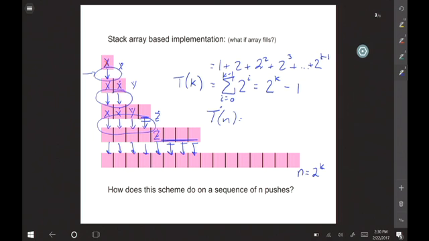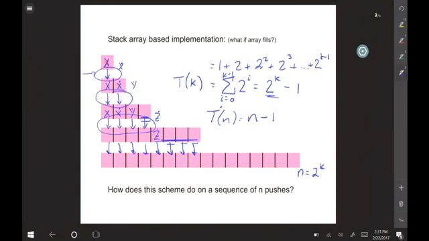So over the sequence of n pushes, that n could be 25 gazillion, okay? That n could be a really big n. And in the end, the amount of time we spend waiting, just the same, right? The same. It's proportional to the size of the data. So this is n minus 1 because 2 to the k equals n, okay?